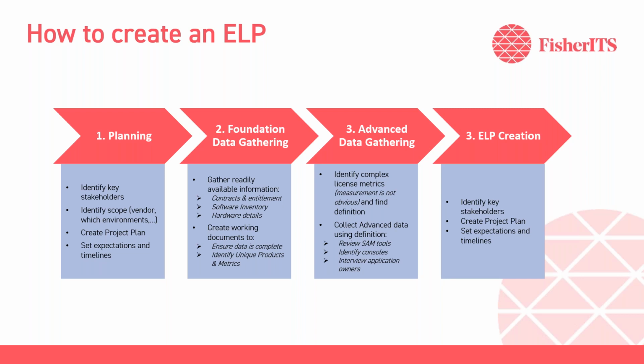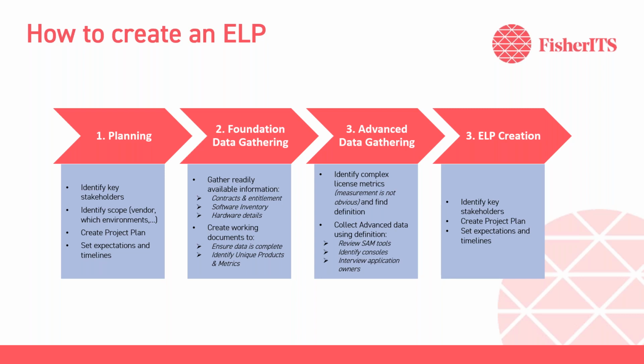So for example, you could check your SAM tools like Lansweeper, which will have some additional information that could help you out for some software. You could find the relevant consoles, so some software is installed and has licensing consoles that will list this information, or find the application owner or anyone else in the business that knows the software better and can help you out.